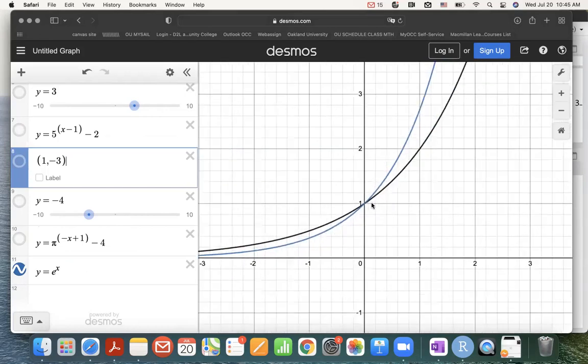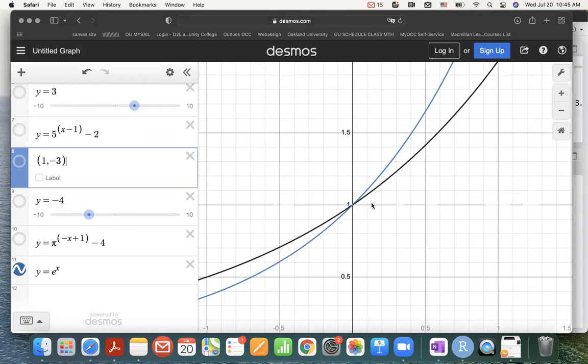You notice that e is 2.71828, etc., and it's bigger than 2. So the function grows a little bit faster. The blue function grows a little bit faster compared to the black function. The bigger the base, the faster you grow. Just makes sense.